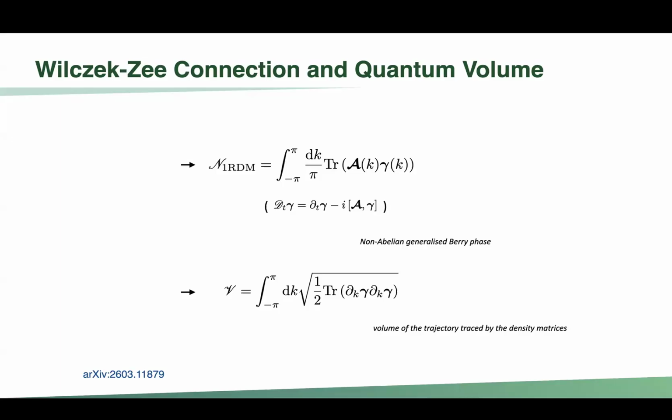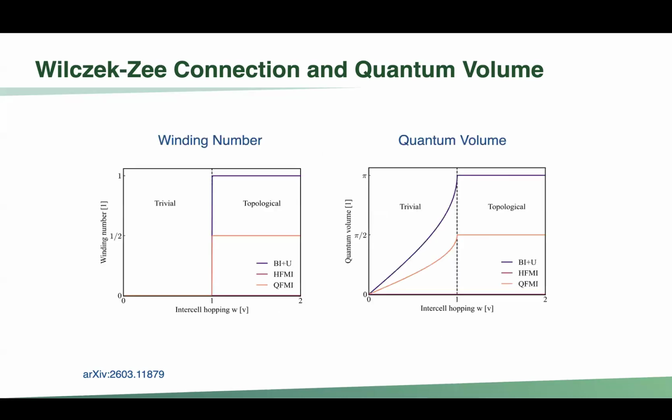And another geometric quantity that we're going to look at is the quantum volume, which is the volume of the trajectory traced by the density matrix. And this is an exploratory work, so we want to see what we get and if both methods can give us the same information.